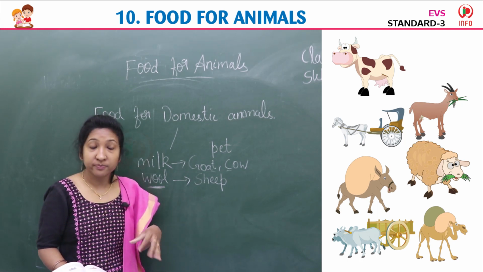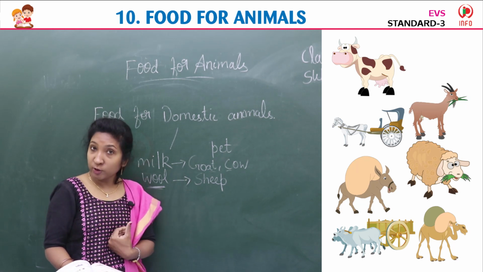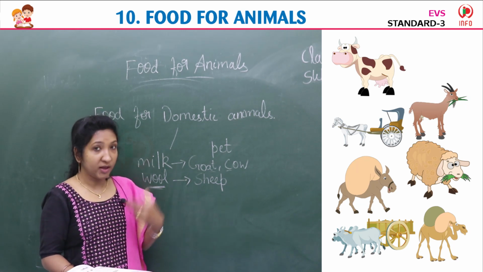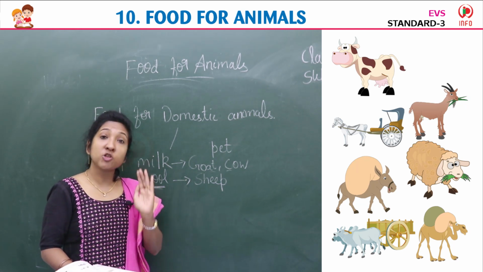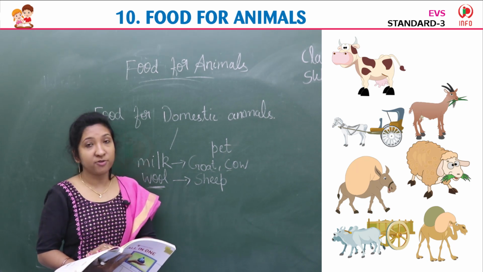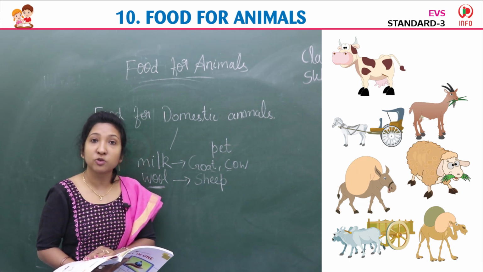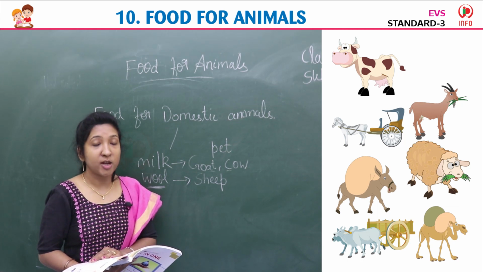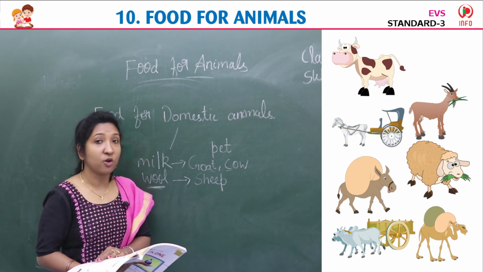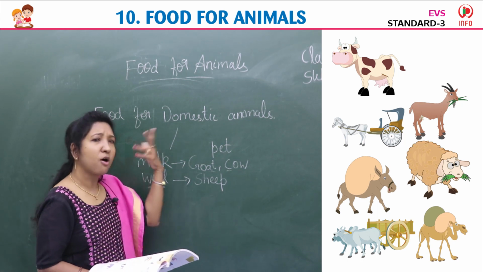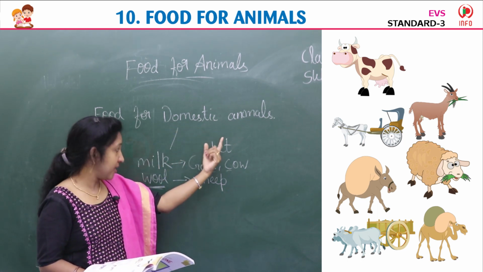That's why I said animals are helpful to us. They are very useful to us. So we should take good care of them. We should give good food to them. Okay, so animals that live in farm, they are known as farm animals or domestic animals.